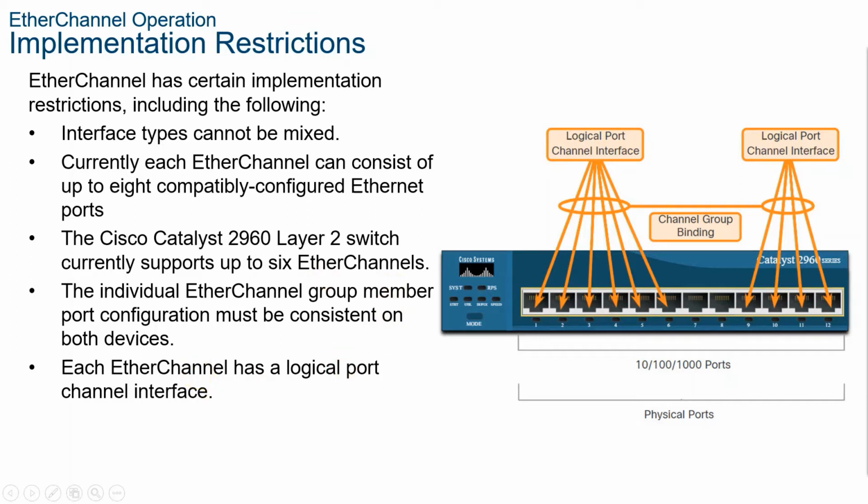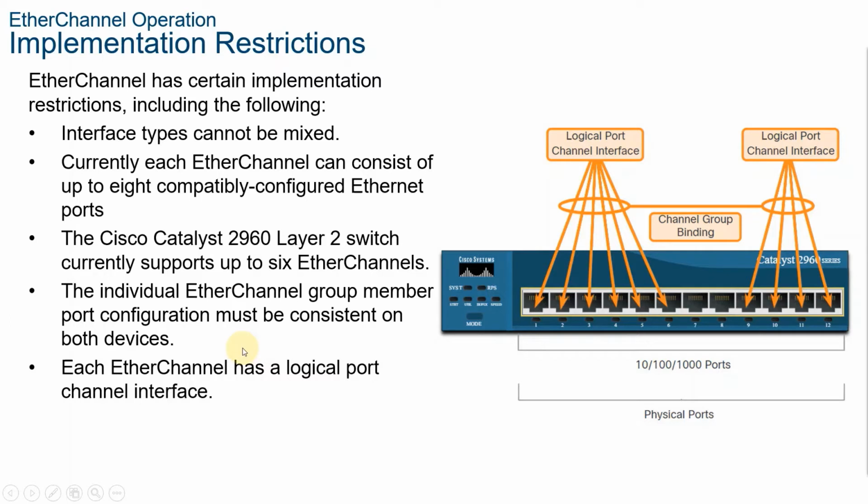The individual EtherChannel group member port configuration must be consistent on both devices. So if the physical ports of one side are configured as trunks, the physical ports on the other side must also be configured as trunks within the same native VLAN.